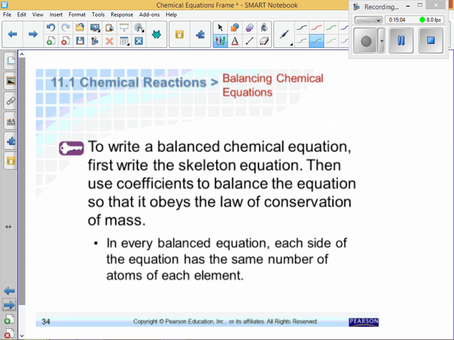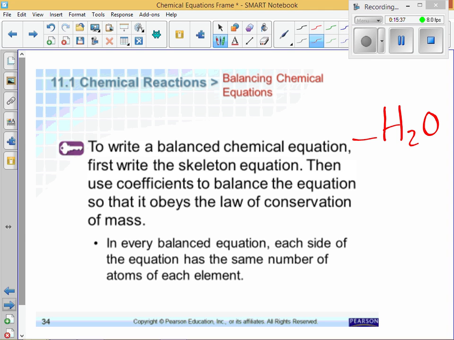So to balance an equation, what does it mean? We use coefficients in front of the molecules to balance equations. We do not change the subscripts. If you had this compound right here, water, then you could have 2 waters, or you could have 3 waters, or you could have 10 waters on the side of an equation, so you can change this coefficient.